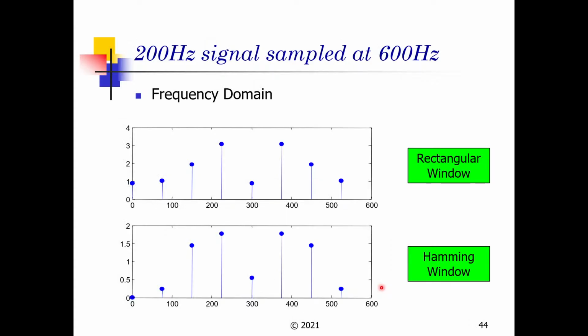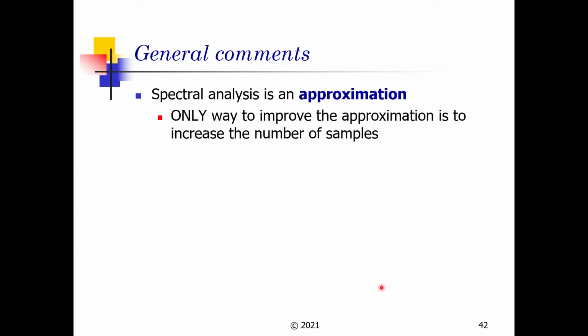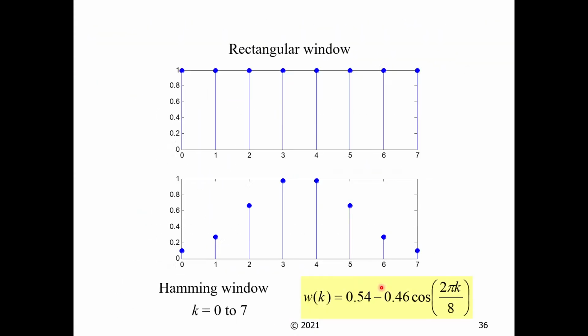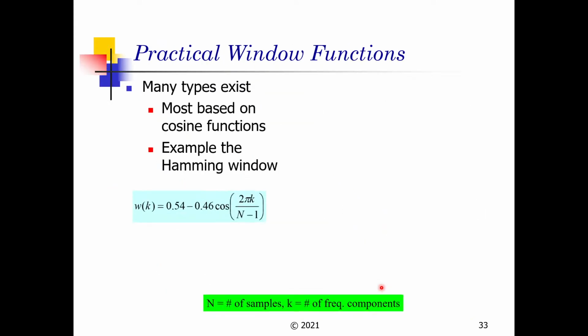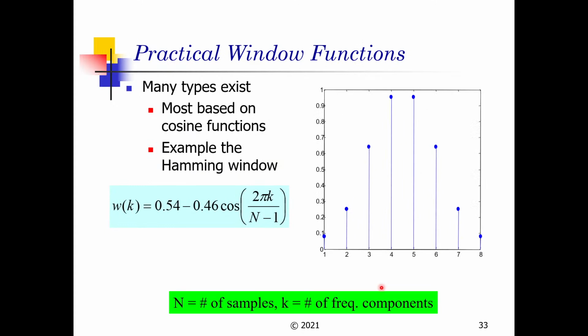Alright, so that basically brings us to the end of our spectral analysis lecture with all the windowing techniques and so forth. One thing to note though is that if a question does come on using the windowing techniques, we will give you the window function to use in particular.